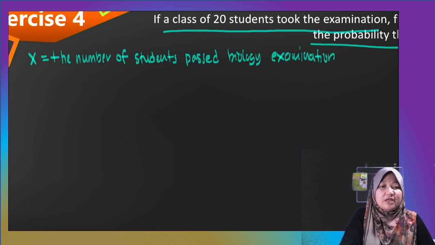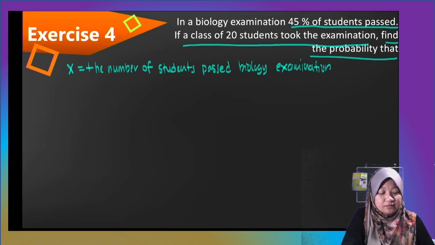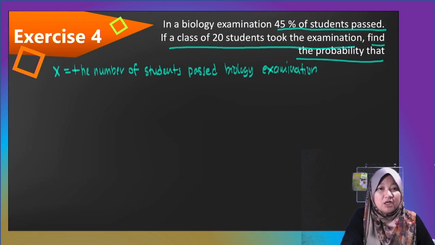Apa yang dia mention tu adalah successful event dia. Apa lagi yang dia bagi? Probability dia P is 0.45.